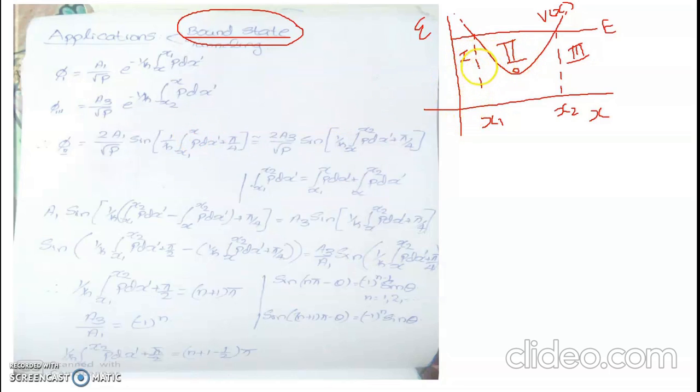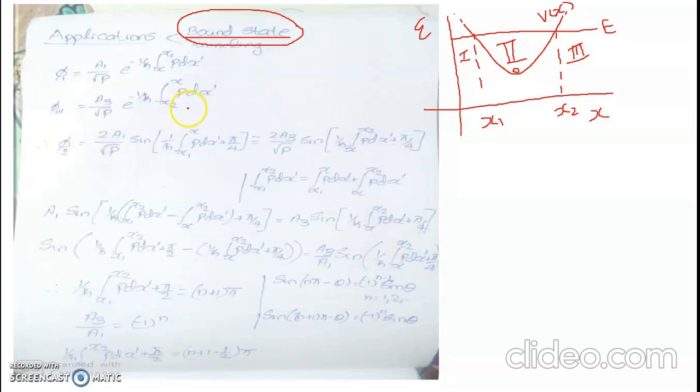So the connection should start from x1 as the origin being taken, x1 to an arbitrary choice of point, say x, in between x1 and x2, as long as the connectivity to the wave function in region 1 is concerned. That is exactly identical with the wave function being written by connecting the wave function in region 2 with region 3.